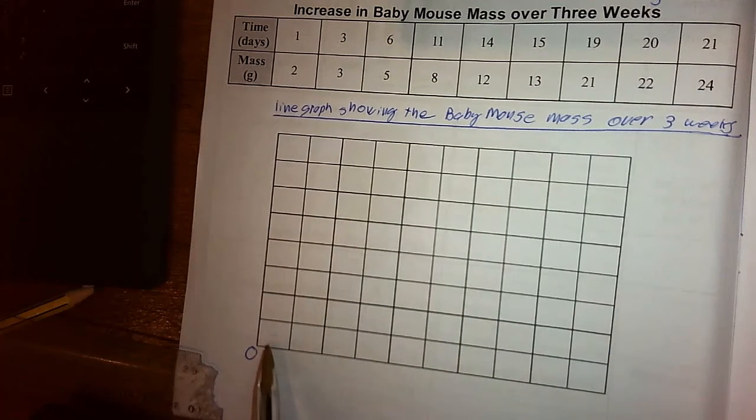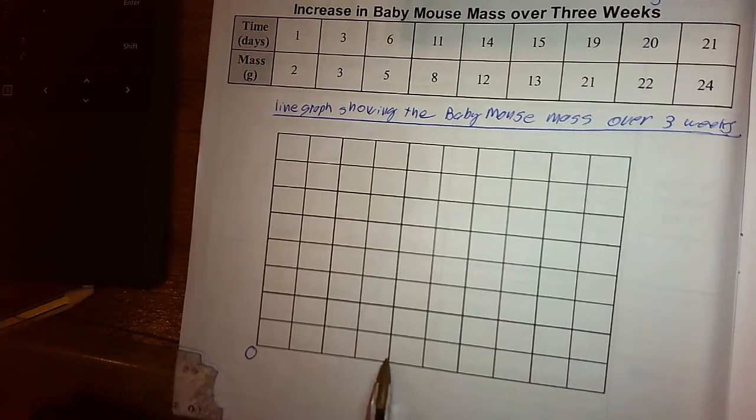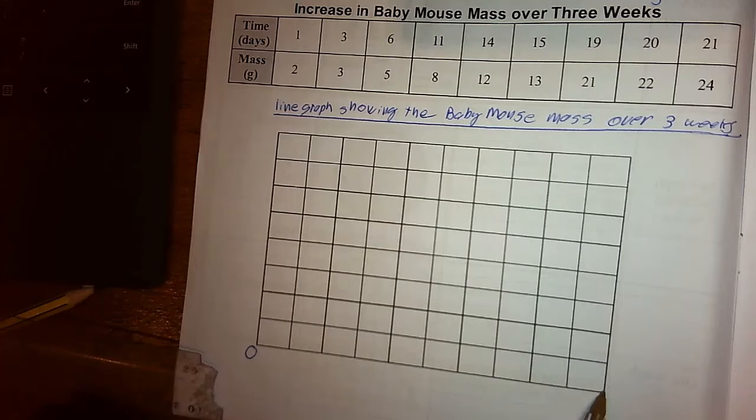So let me try going up in ones. 1, 2, 3, 4, 5, 6, 7, 8, 9, 10. No, that's not going to get me to 21. Maybe if I go up in twos. 2, 4, 6, 8, 10, 12, 14, 16, 18, 20. Almost, that doesn't work. So let me try and go up in threes. 3, 6, 9, 12, 15, 18, 21, 24, 27, 30.